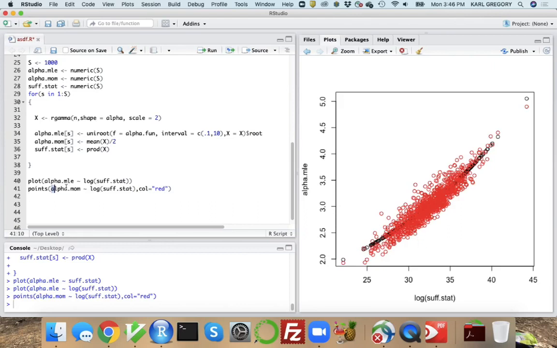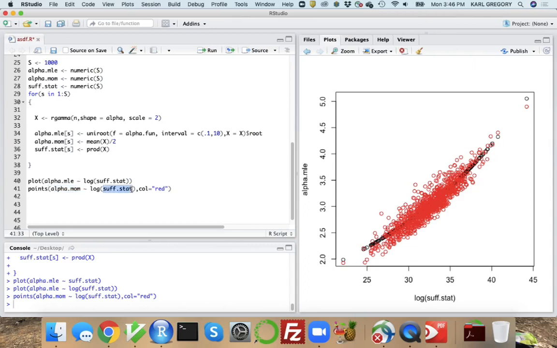So the method of moments estimator is related in some way to the sufficient statistic, but it's not entirely determined by the sufficient statistic. That's because the method of moments estimator does not use all the information in the data.